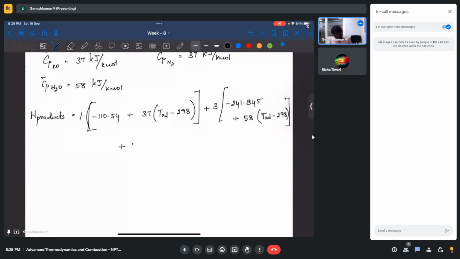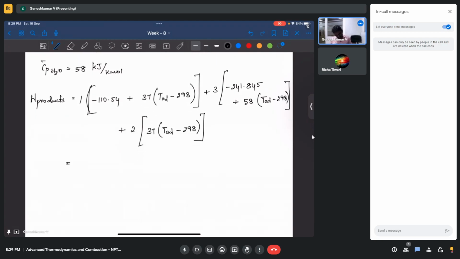N2 is 2 moles, times 37 times T adiabatic minus 298. Add all the Cps together and all the enthalpies of formation together.